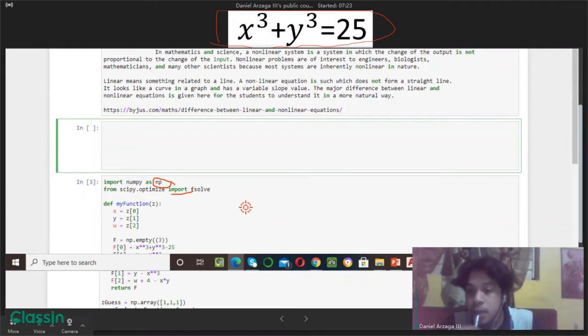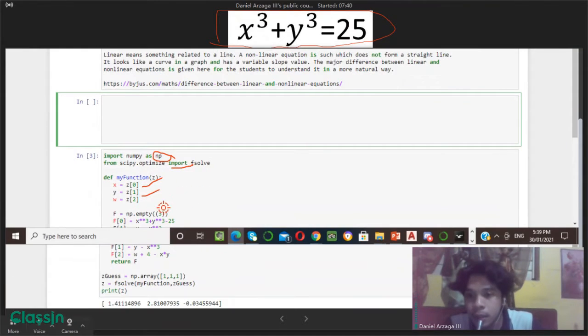x, y, z, tapos x, first is yung x equals z bracket 0, pangalawa yung i-code nyo is y equals z bracket 1, tapos z equals z bracket 2.